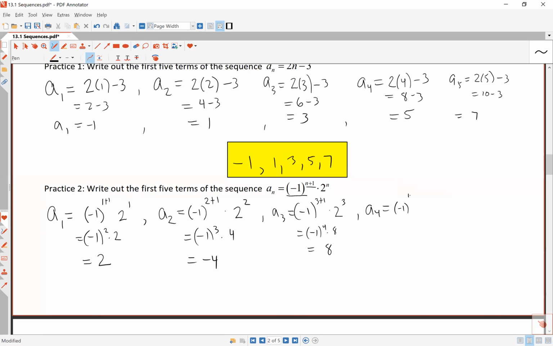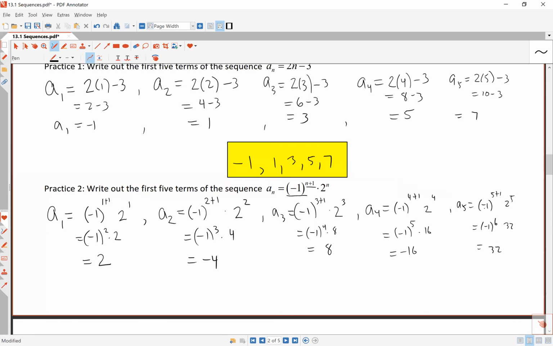A4 is negative 1 to the 4 plus 1, which is 5. 2 to the 4th, which is 16. But we've got negative 1 to the 5th power, which is negative 16. And A5 is negative 1 to the 5 plus 1. Now we're negative 1 to the 6, so we're back to positive. 2 to the 5th is 32.